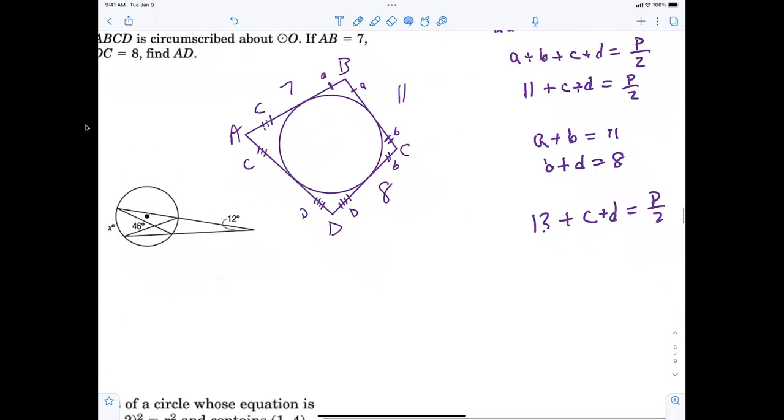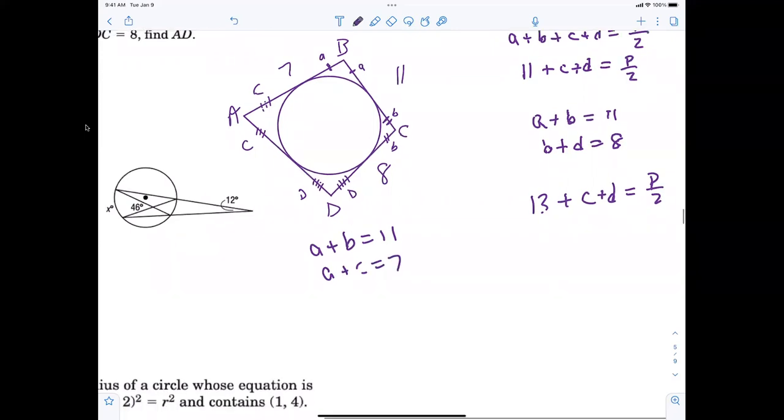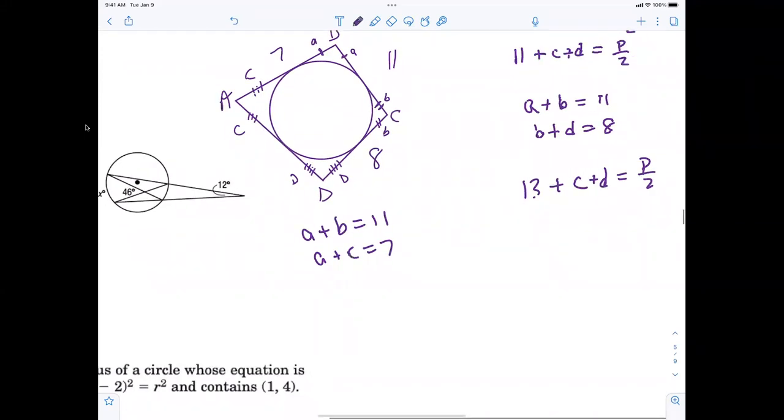A plus B has to equal 11. A plus C has to equal 7. B plus D has to equal 8.